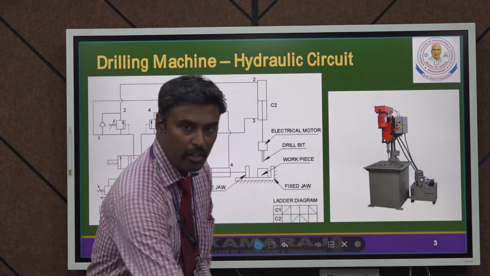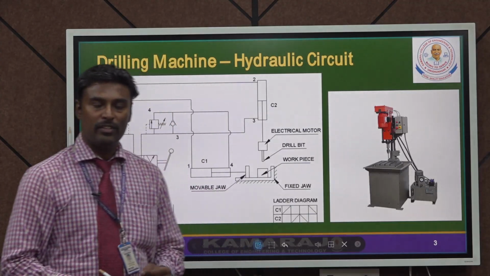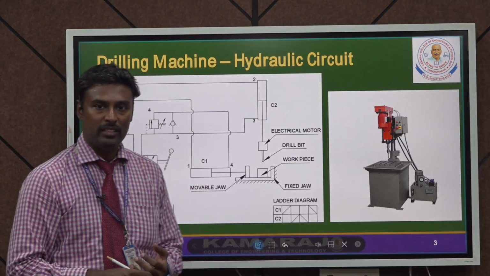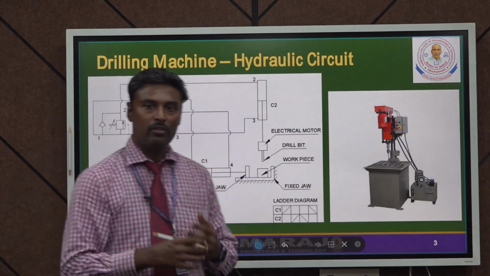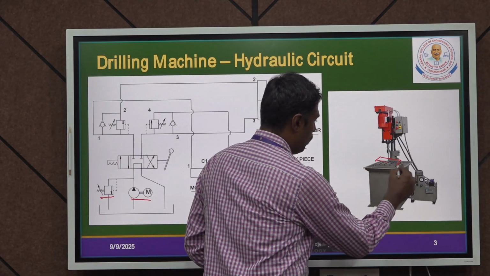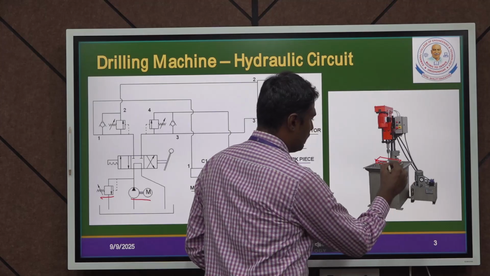Now first we are going to discuss the drilling machine circuit. This is a manual drilling machine. In drilling machines, first you apply a tool where the drilling would be applied.